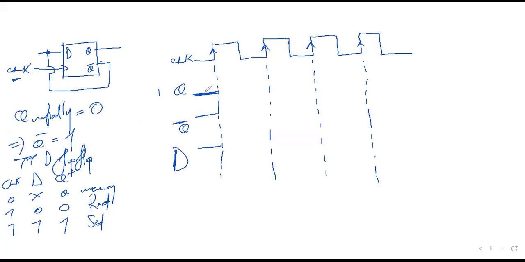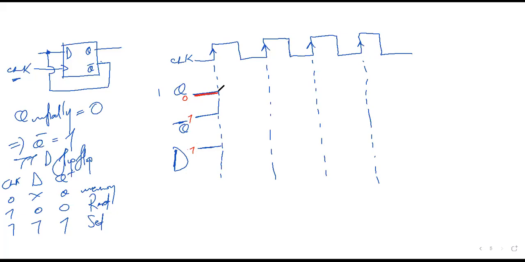All right. Let's begin here. My Q is 0 initially. When it's time to change its state, what happens? I look at D. What is my D? Initially, D is a 1 here, 1 here, 0 here.